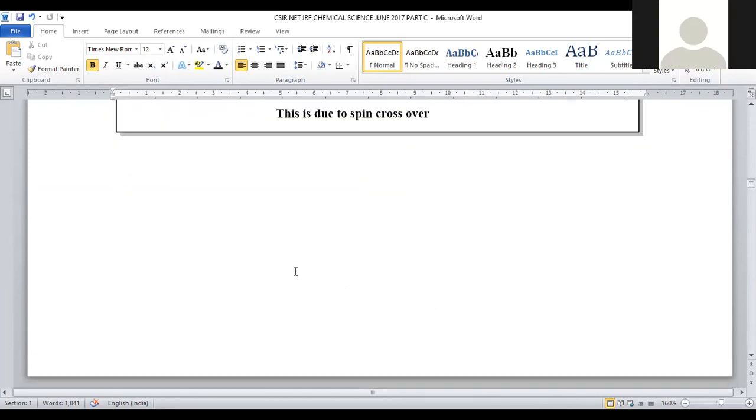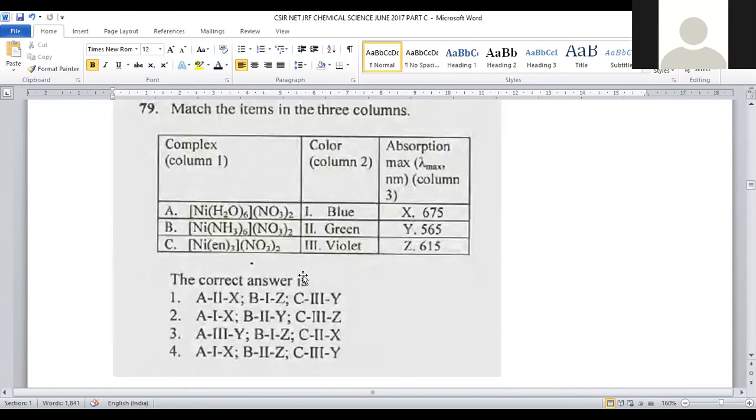Let us move on to question number 79. Here, three different columns are provided. We have to map one with these two options. All the complexes are given for nickel metal only. So this is a part of coordination chemistry, where the central metal is nickel, surrounded with hexaaqua, hexaammine, and tris ethylenediamine.